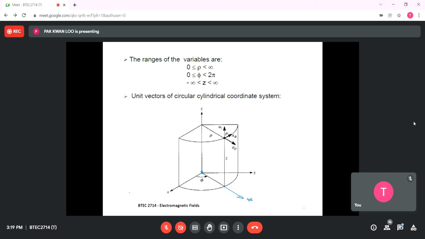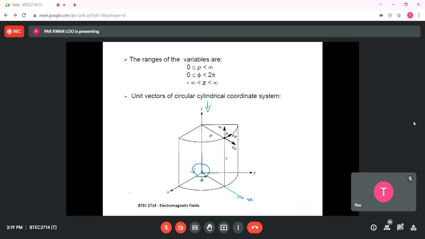While phi, starting from the x-axis, the direction of positive phi is counterclockwise. If you look from here, the direction of phi is counterclockwise.